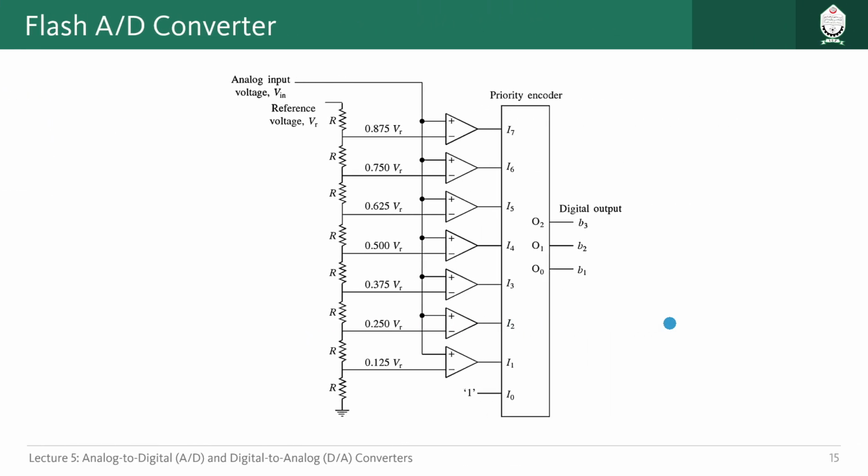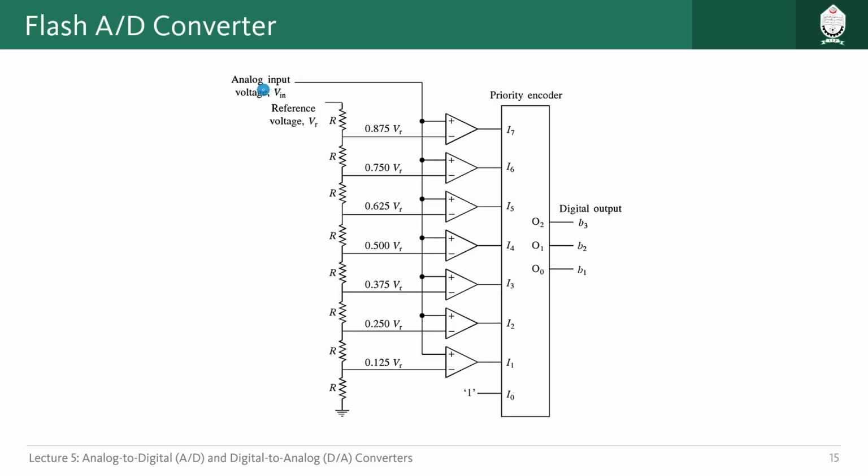So let us first start with flash ADC. I think just by looking at this particular figure of a flash ADC, we will understand a lot about how this circuit works. First of all, we are providing the analog input voltage that can change with respect to time.